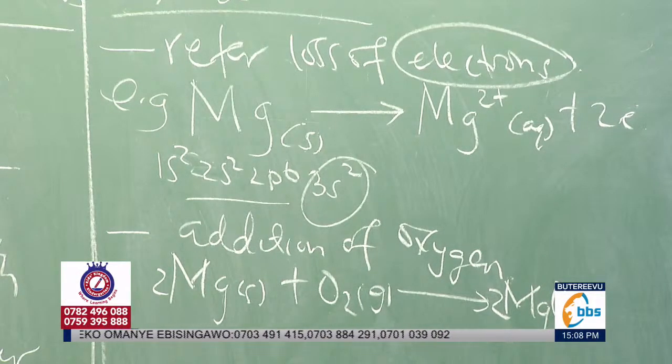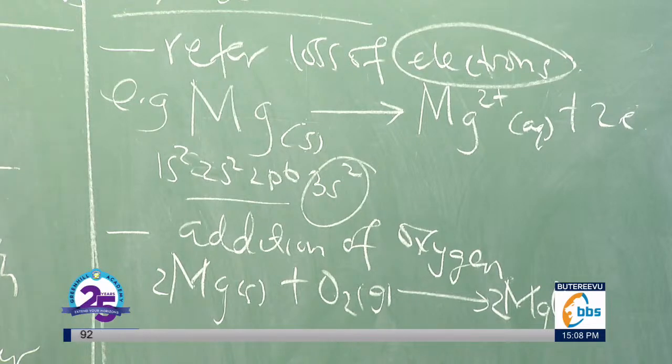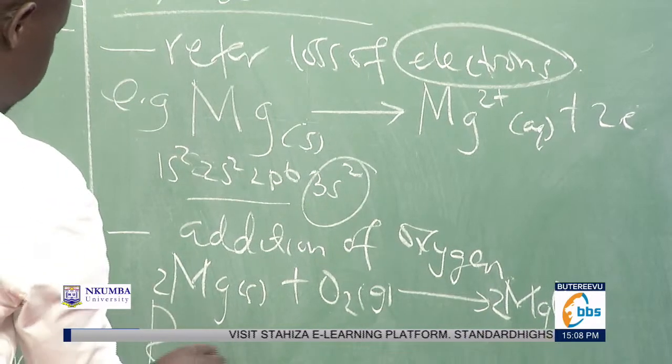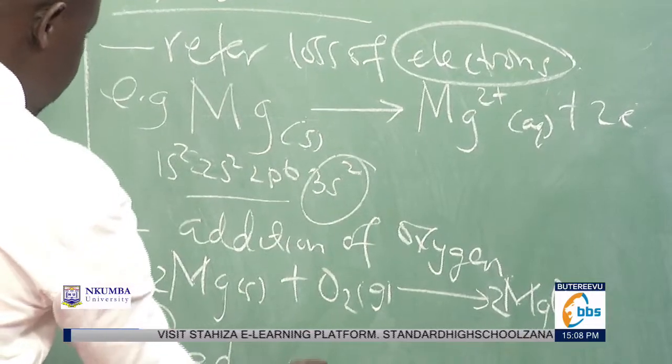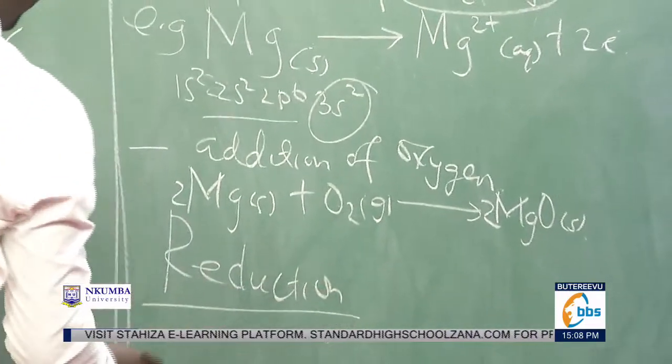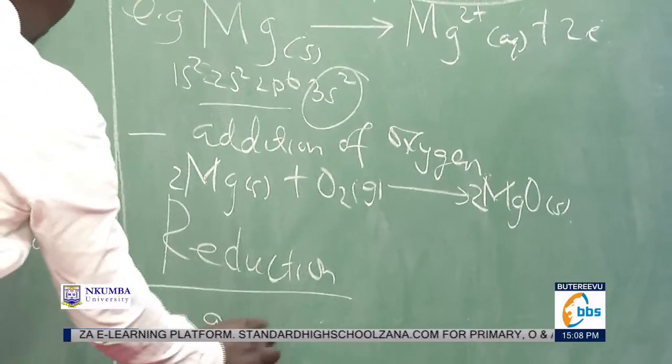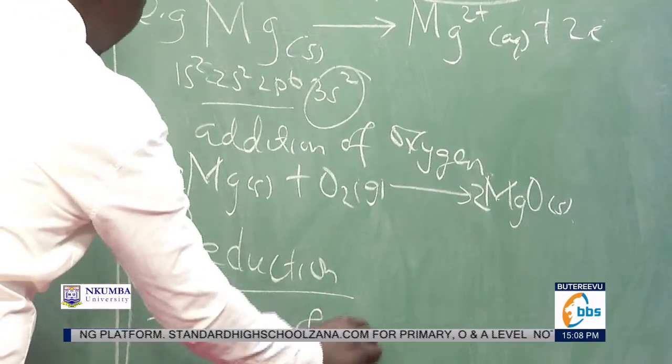I hope it's okay. Redox means reduction and then oxidation. Then you also seen that oxidation is the loss of electrons. Normally occurs in metals when they lose the outermost electrons from a stable electronic configuration. On the other hand, reduction is defined as the gain of electrons.